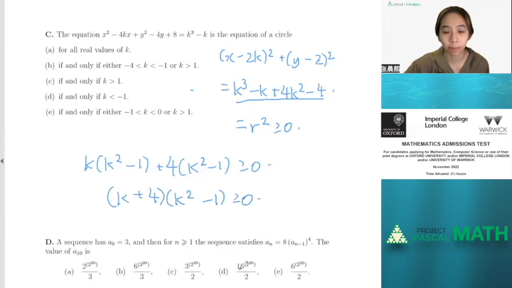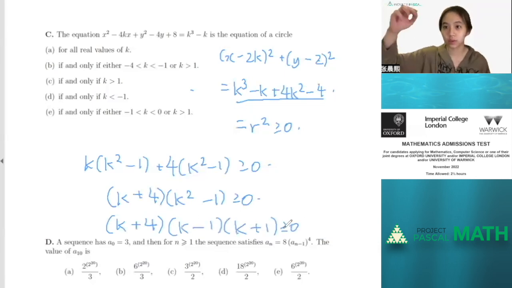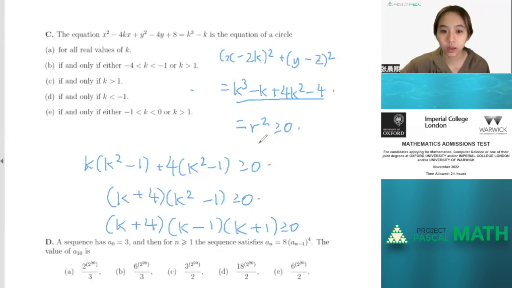So (k plus 4)(k squared minus 1) is larger than or equal to 0. It's a cubic, and you have the solutions at k minus 1, k plus 1, and k equals negative 4.